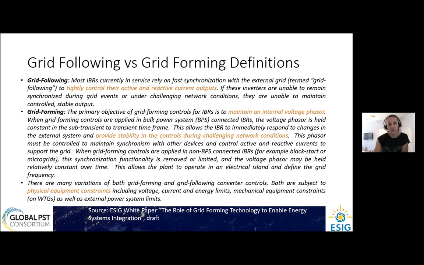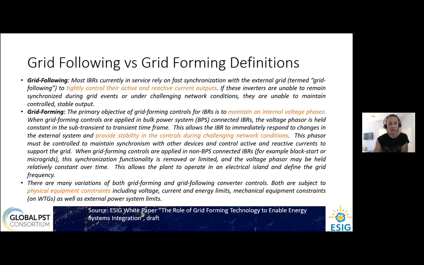This phasor also must be controlled to maintain synchronization with other devices on the grid and control active and reactive currents to support the grid. When grid forming resources are applied in non-BPS connected applications, for example during black start or in microgrids, this synchronization functionality is removed or limited, and the voltage phasor may be held relatively constant over time. This allows the plant to operate as an electrical island and define its frequency.